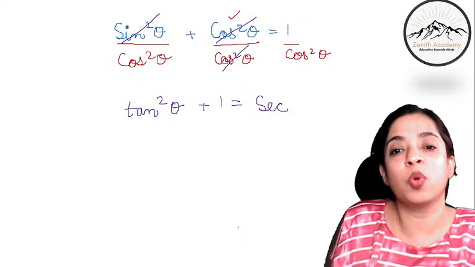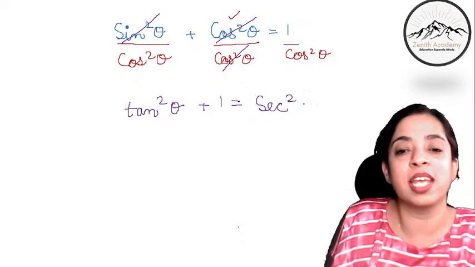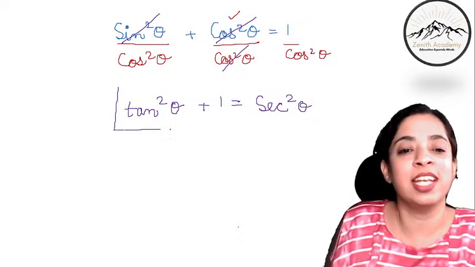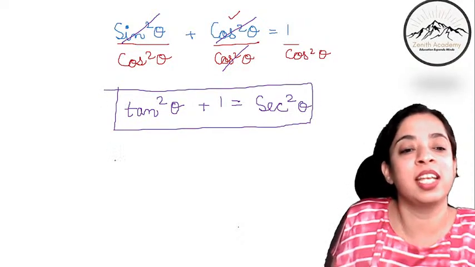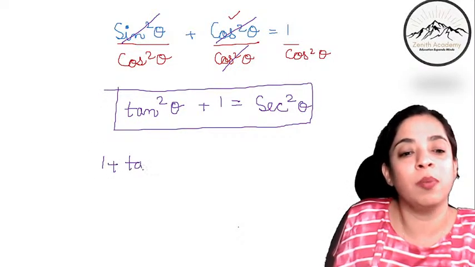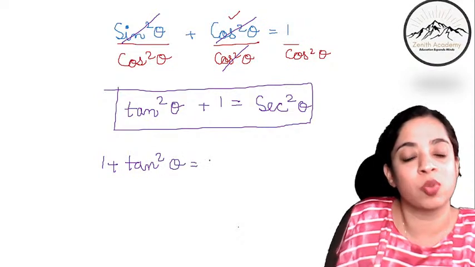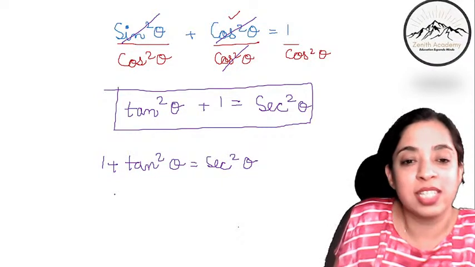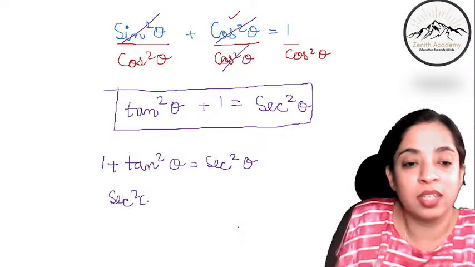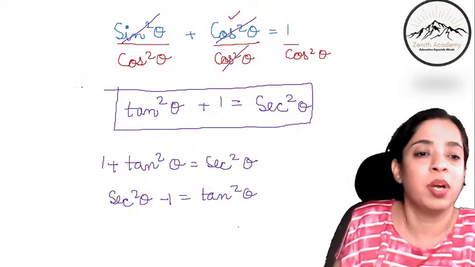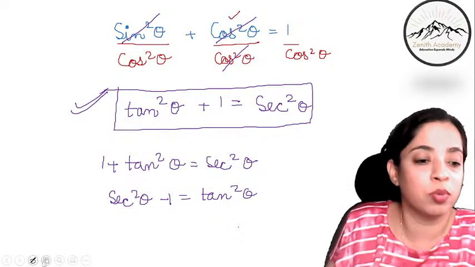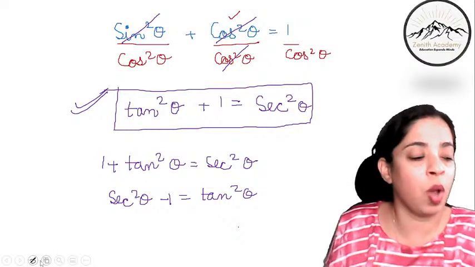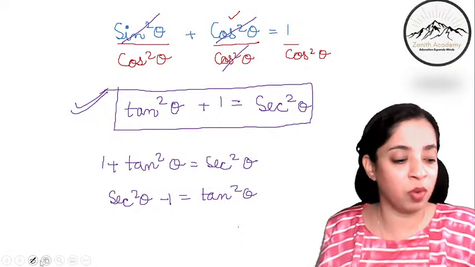So what is the reciprocal of cos square theta? It will be sec square theta. So this is our next identity. You can write it as 1 plus tan square theta is equal to sec square theta. You can keep on changing it. You can say sec square theta minus 1 is equal to tan square theta. Any way you can write it, but this is the main thing that I want to tell you. Is it clear to everyone?